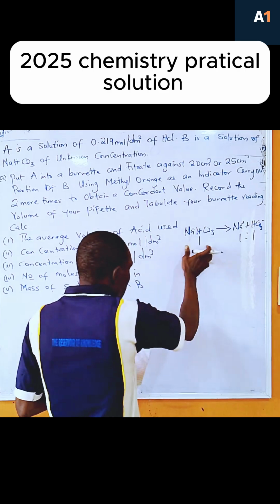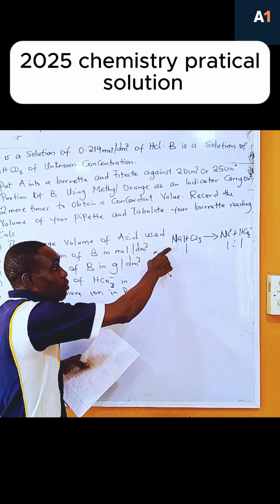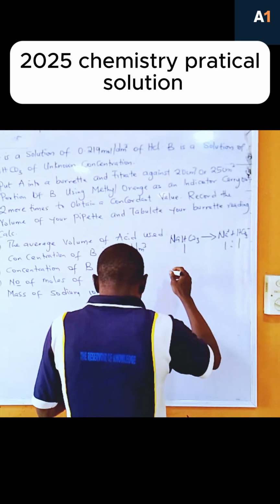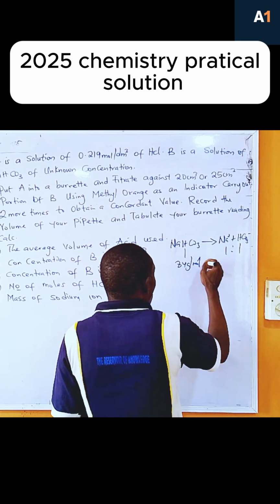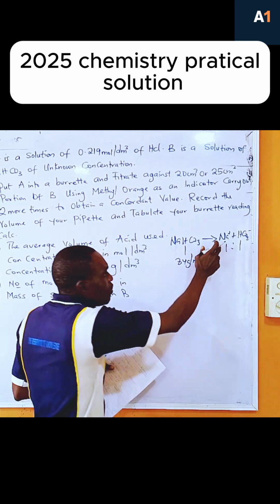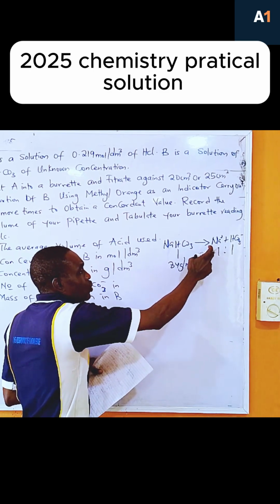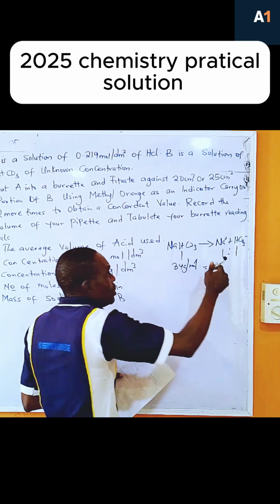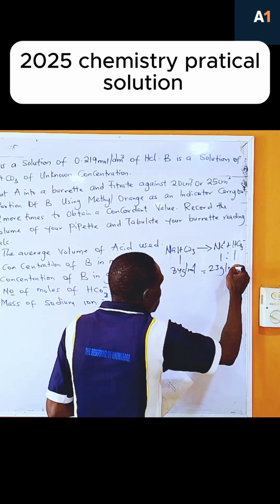Now, if you remember what we got here for the total mass after calculating the relative molecular mass, we get 84 gram per mole. So now, what is the mass? The molar mass of this Na, which is sodium, is 23 grams per mole.